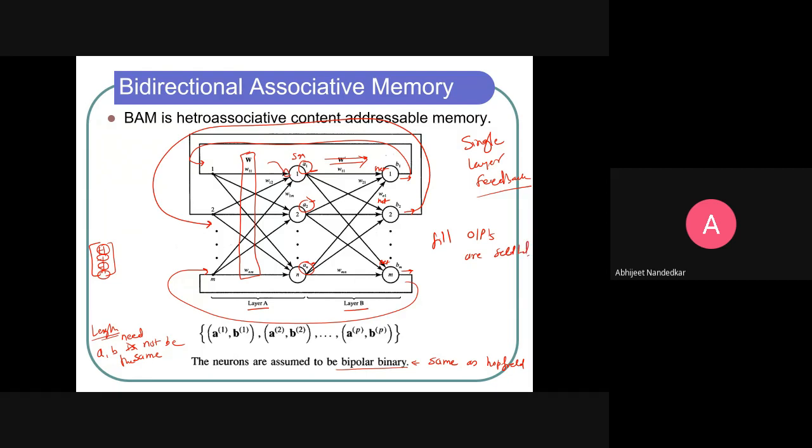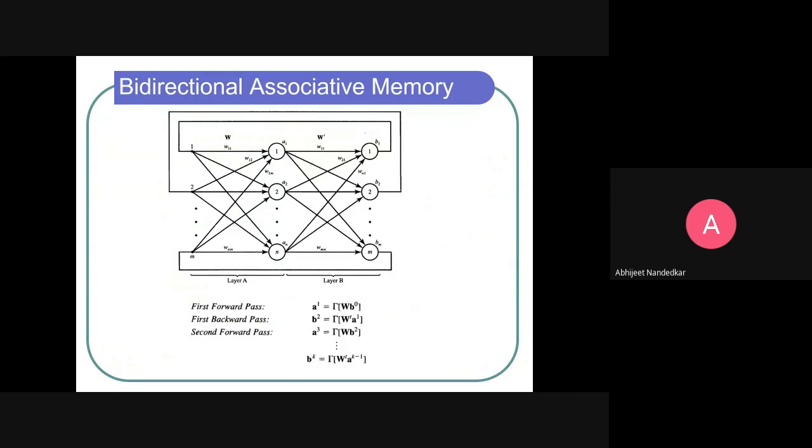So slightly modified, but it is associating two vectors which are of different lengths. So you can see here the first forward pass. Suppose I start with an initial vector here. I can start with A0 or I can start with B0. It is up to me now.